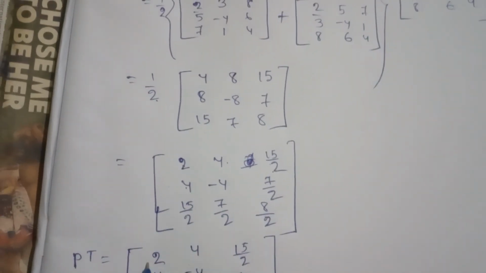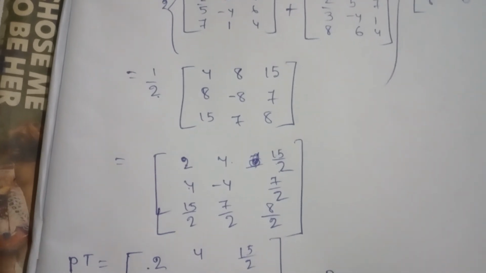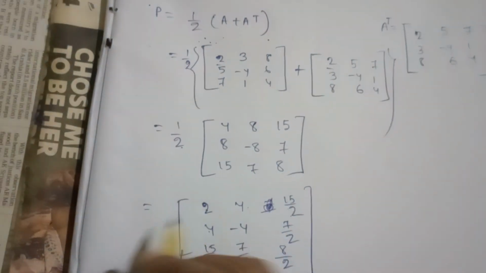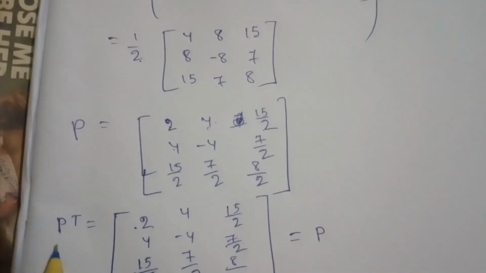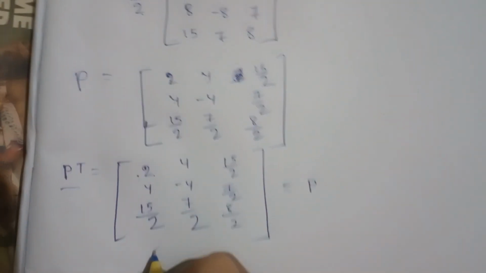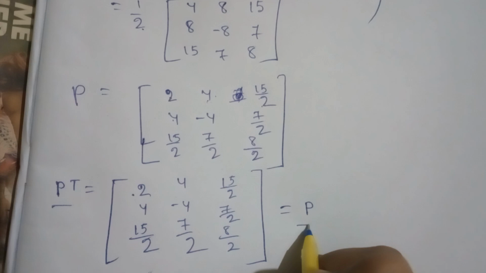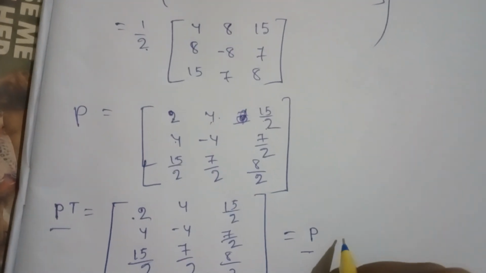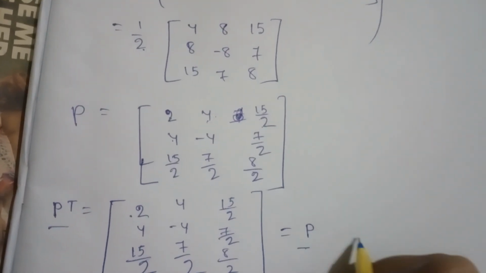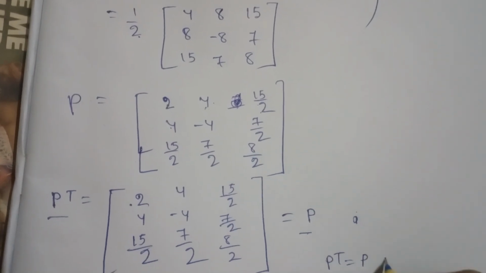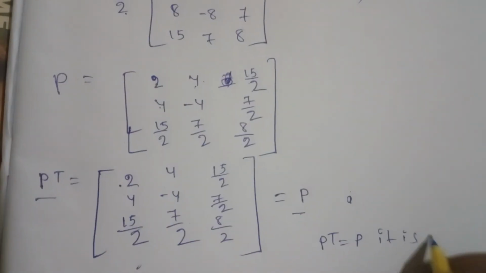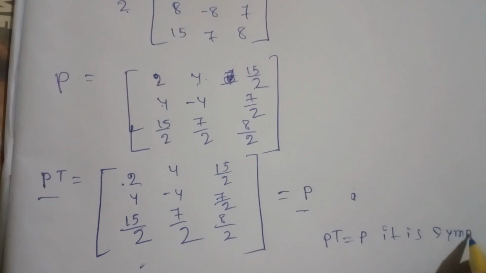The value of P and P transpose are the same. When P is equal to P transpose, it is a symmetric matrix.